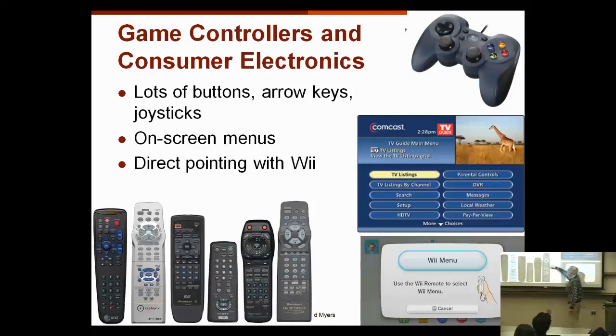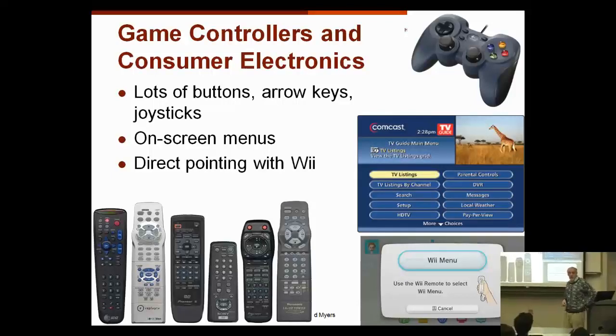So you'd go arrow, arrow, arrow, and then hit enter, something like that, in order to move on-screen menus. If anybody knows of any interesting consumer electronic menus or on-screen menus, that would be useful to do. Anybody know of anything off the top of their head?